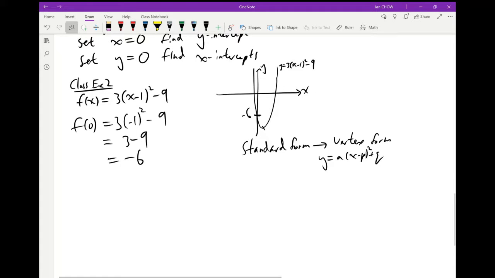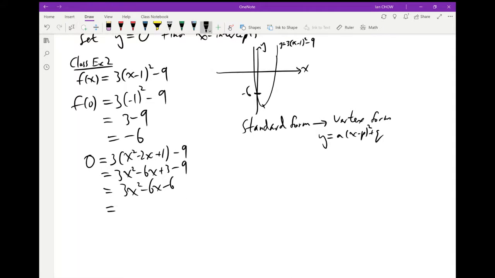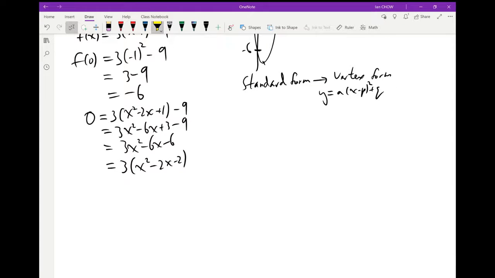So if I quickly multiply out, set it to 0, we have 3 of (x squared minus 2x plus 1), that is x minus 1 whole squared, and then minus 9. If we multiply it out, it becomes 3x squared minus 6x plus 3 minus 9, so it becomes 3x squared minus 6x minus 6. Then you can say, oh, I can factor out the 3, bracket x squared minus 2x minus 2, and when you get to this point, there is no way for us to factor this nicely.